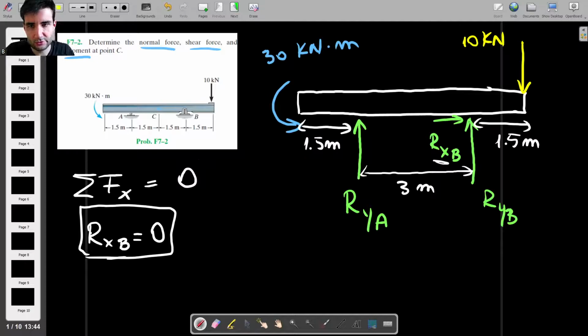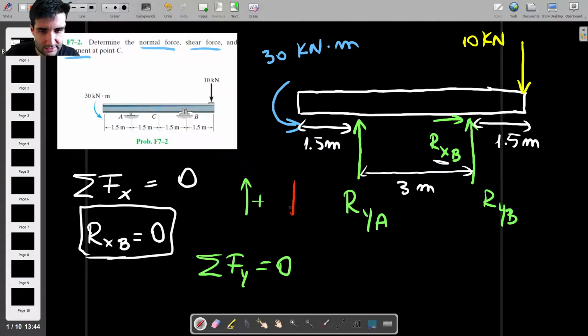The next thing I'll do is say the sum of forces in the y direction is 0. Usually you have to pick a sign convention, and what I recommend is all the forces acting upwards are positive, all the forces acting downwards are negative. So when I add up all those forces, I will keep track of their direction.